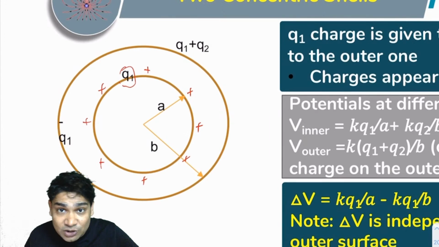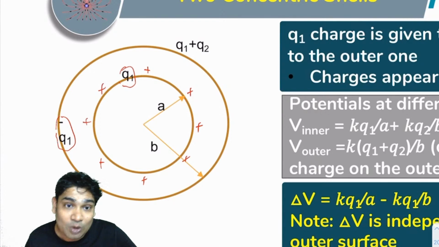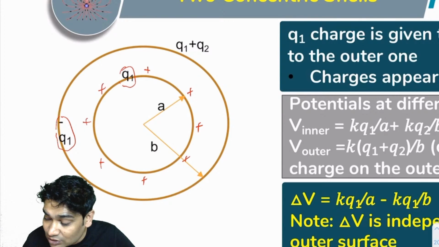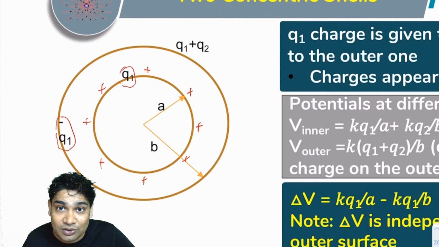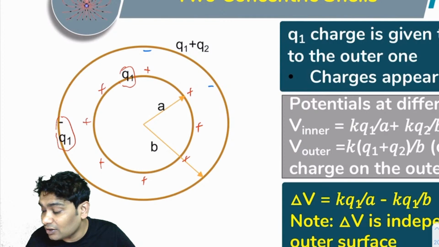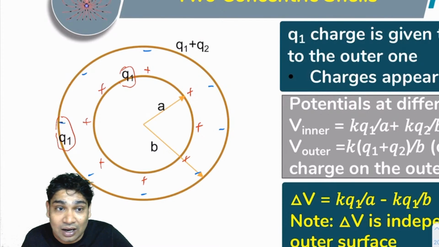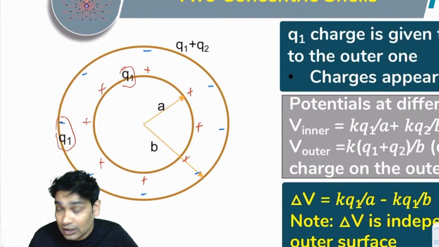Now once plus q1 appears here, the only option for the outer shell is to have a minus q1 on its inner wall so that nothing gets through this. All the field lines due to this have to get terminated here. So the outer shell will get a minus q1 charge only on its inner wall. Now, the outer shell was given a total charge of q2 and it has a minus q1 charge here.